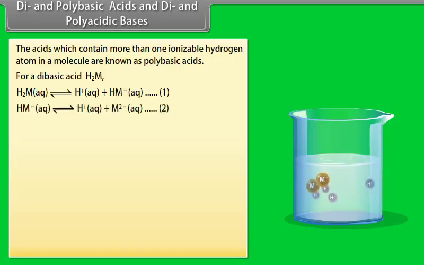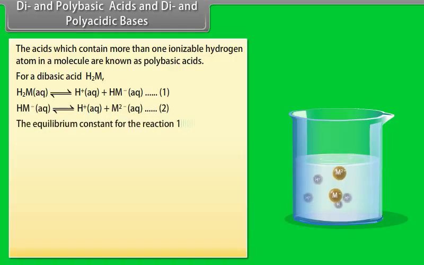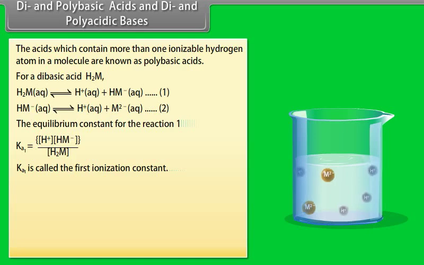Name the next step as reaction 2. The equilibrium constant for reaction 1, Ka1, is equal to [H+][HM-] by [H2M]. Ka1 is called the first ionization constant.